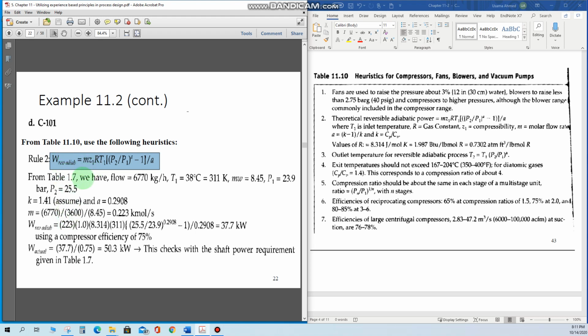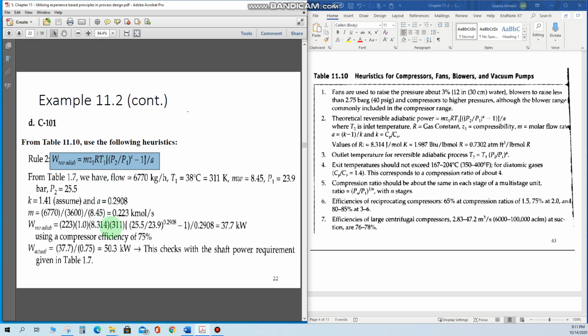So M is equal to 233, which we calculated earlier, in moles per second. Z represents compressibility, so we can take one here. R represents the general gas constant.